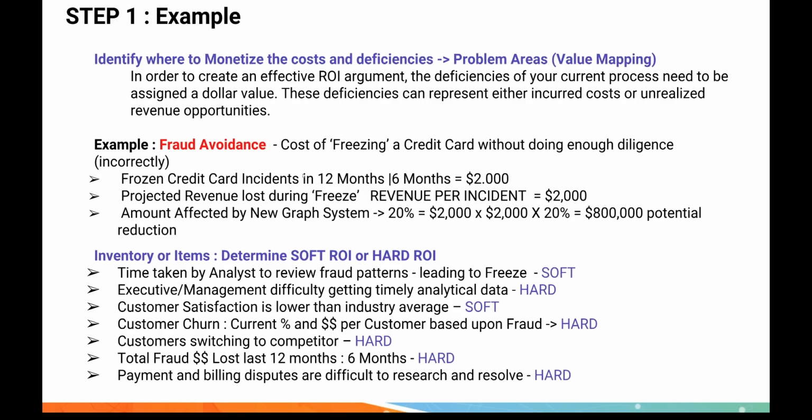Ultimately, that's what we try to do, build this very specific line item list, whether it's a soft one, as we heard here, which is the perception of what cost might be, or a hard one, which means that I know today I have 20 analysts that spend 20 hours apiece, and we have 2,000 of these that come in to our call center for fraud. That is considered a hard one. And you can see here customer satisfaction, that in your organization may be a hard cost.